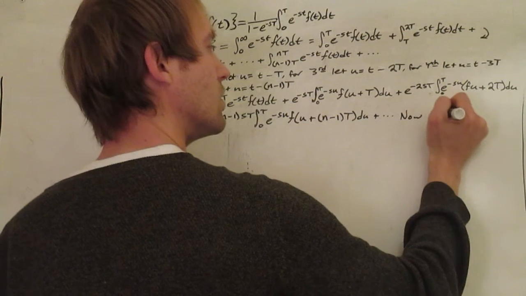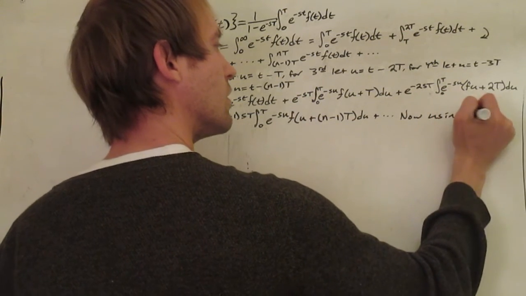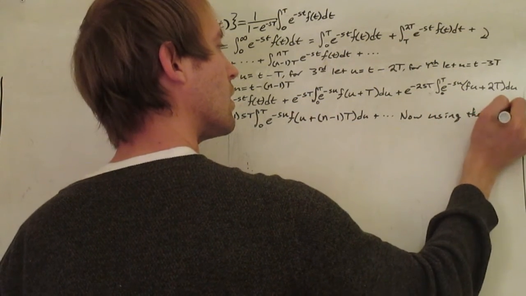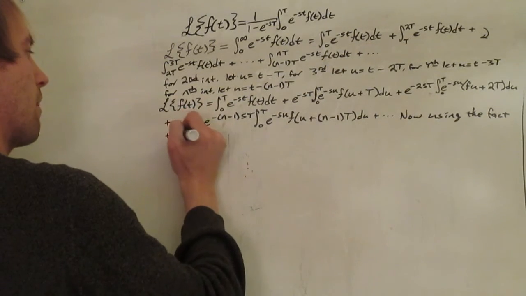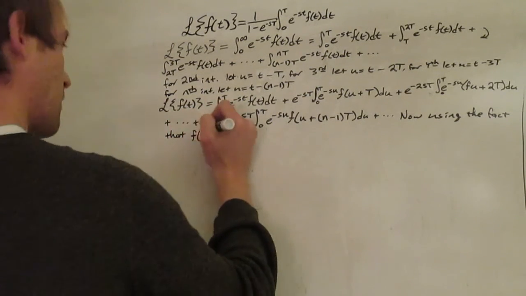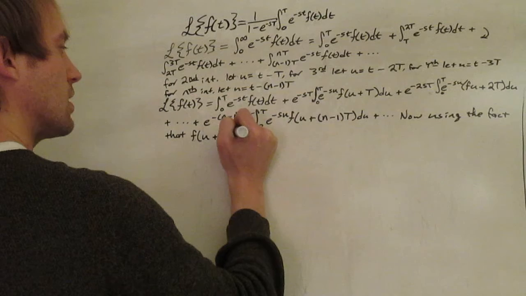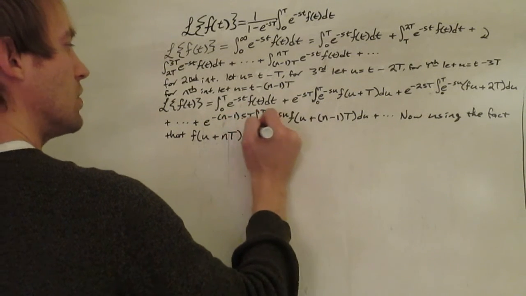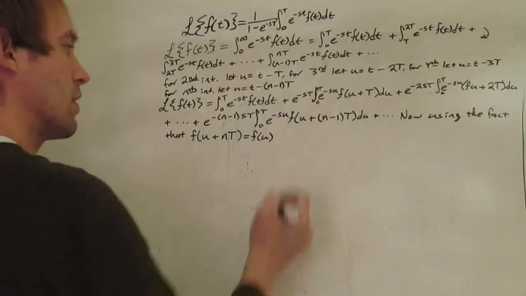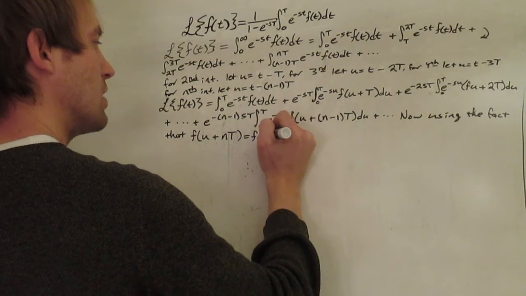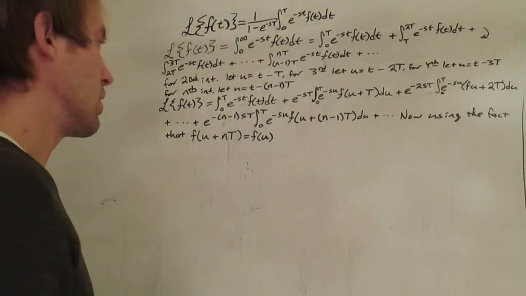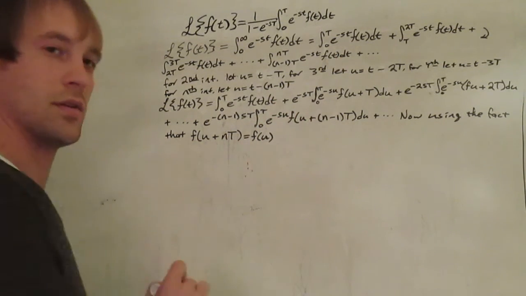So now, using the fact that f of u plus n capital T is equal to f of u, and that's because it's a periodic function. You can watch my last lecture, and I put a little note in there.